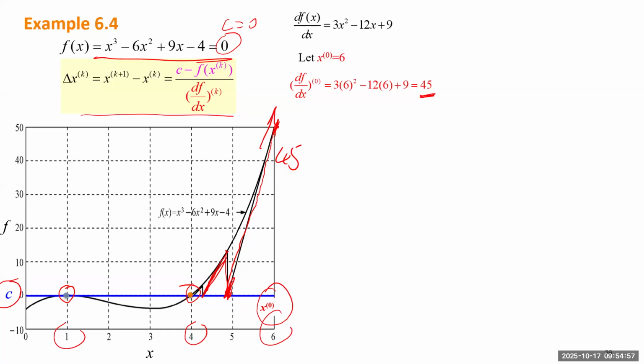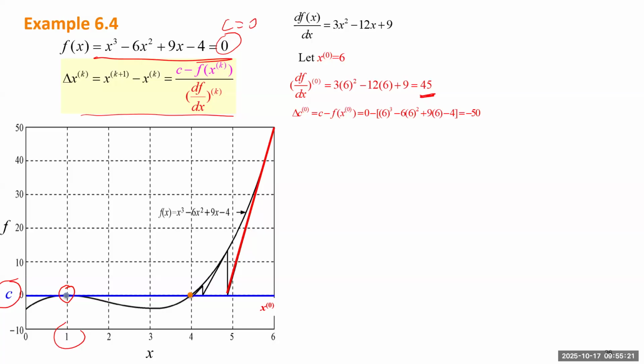So we draw a straight line with a 45 slope, tangent to this initial guess. So that can quickly move to another guess, a new value. That is this straight line. Let me clean up a little bit. So it will draw this straight line.